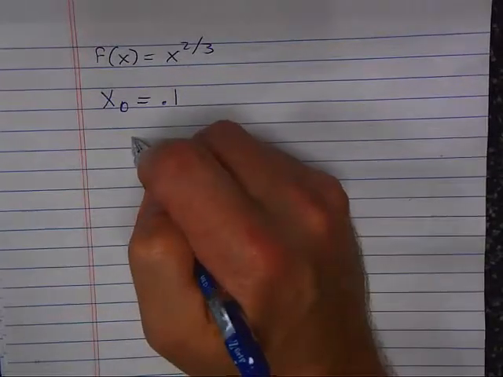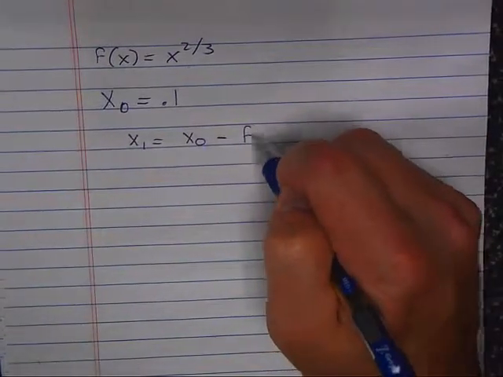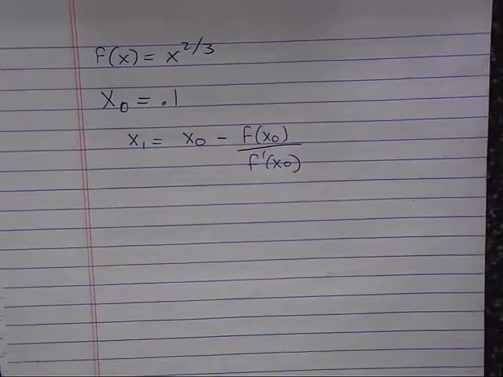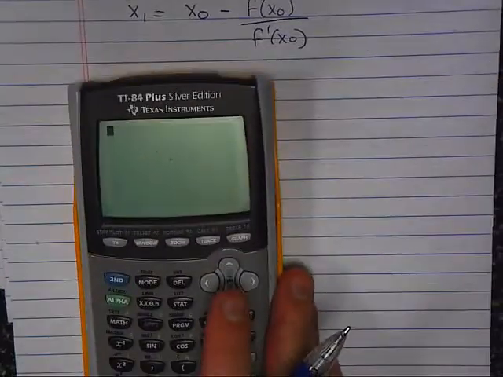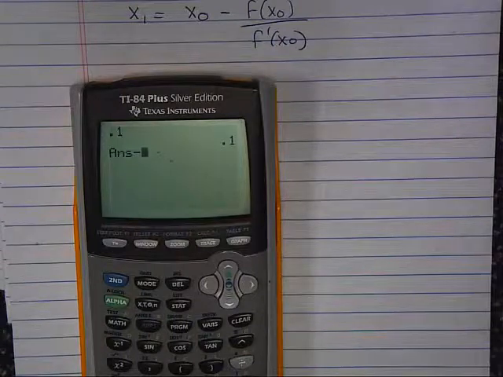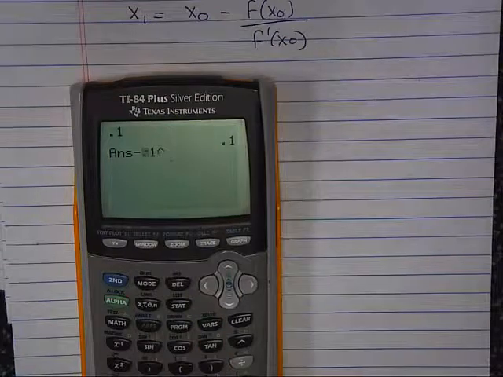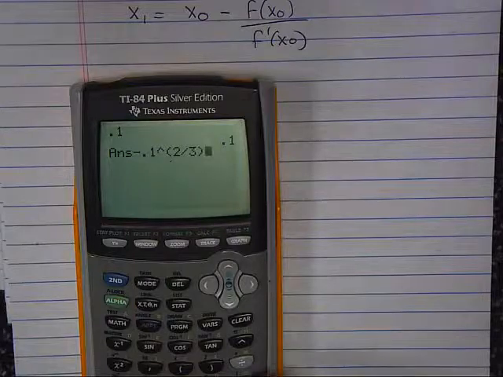So we would have x1 is going to be x0 minus the original function at x0 divided by the derivative at x0. So again, I'm going to use my calculator and see how that works. My original guess is 0.1. So I'm going to have my original guess minus, I take 0.1 and plug it into my original function, divided by, I take 0.1 and plug it into my derivative.